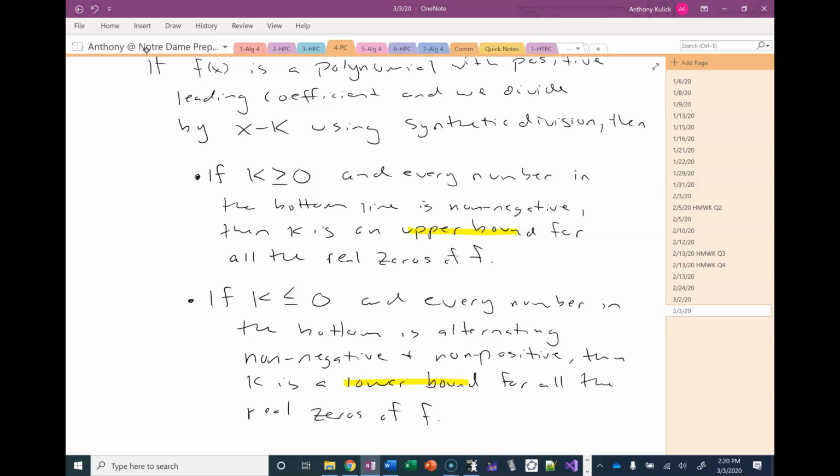Nothing can be lower than the lower bound. Similarly, if the upper bound was, say, 8, I would know that 9 couldn't be a 0 because the biggest 0 I could have would be 8. Does that make a little bit more sense in terms of what I mean by upper bound and lower bound? Okay. We'll do an example here in a minute, but that was a lot of writing, so I'll give you guys a chance to catch up.